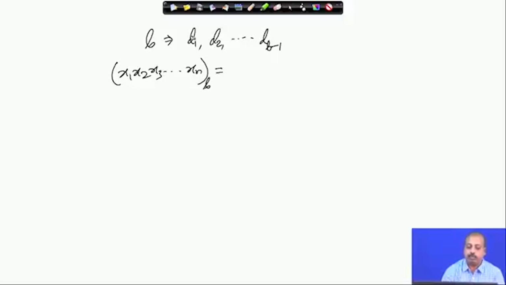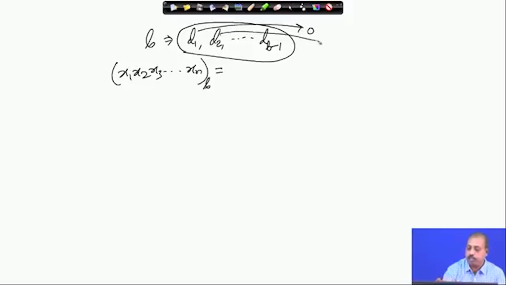These values are given by the powers of b. They are not arbitrary values. The first digit value is always 0, then the next is 1, and in this way the last one is the value b minus 1.